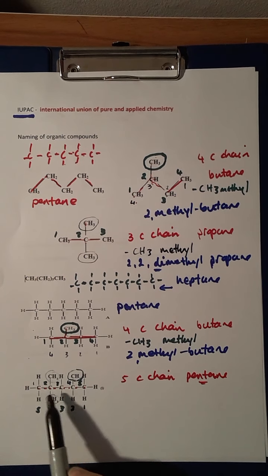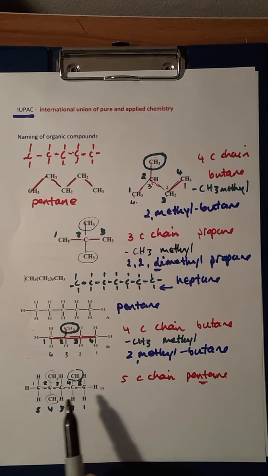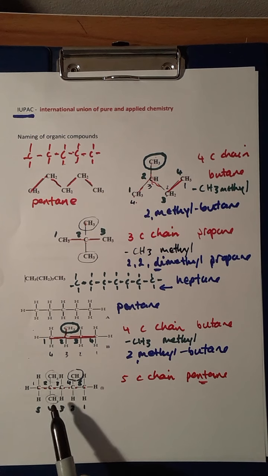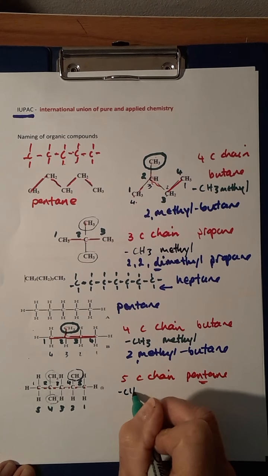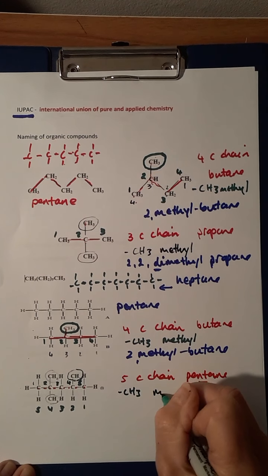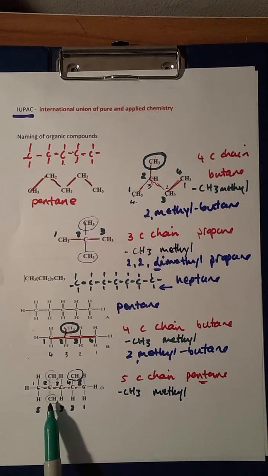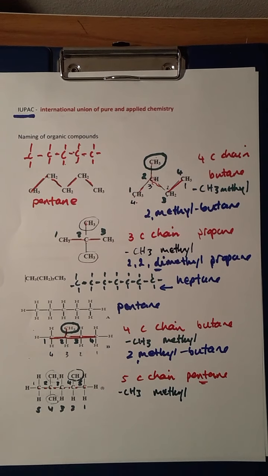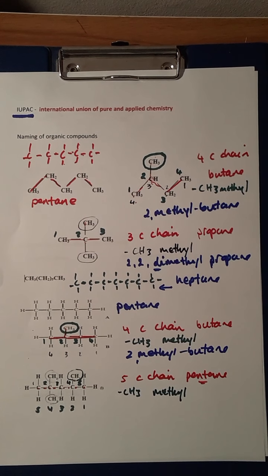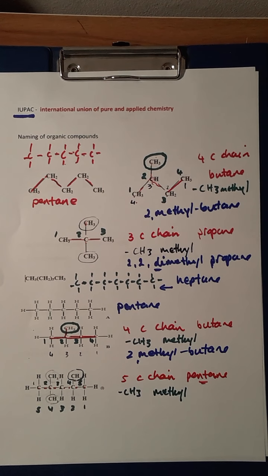So I have a 5-carbon pentane chain, and I've got CH3s attached as substituent groups, so they're methyls. Now, how many of them have I got? I've got 3 methyl groups attached, but they are attached on different carbons.